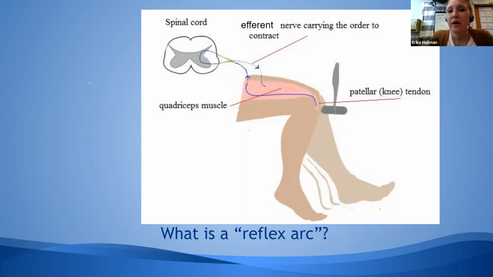That sensory neuron will travel the impulse up into your spinal cord. Notice, it's not integrating with your brain. It only goes to your spinal cord. It will go to what's called an interneuron in your spinal cord, and then it will travel that signal out to the effector, which in this case is your quadriceps, which will pull on your tibia and fibula and will kick that little leg out. So it is a loop. It's something we call an arc.